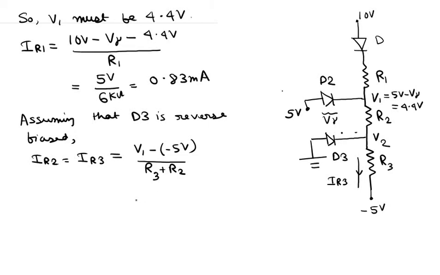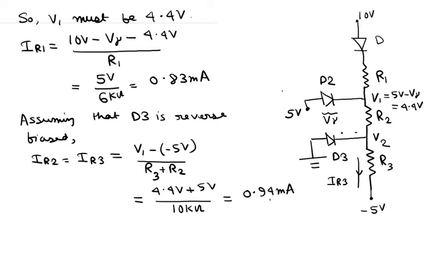V1 is actually 4.4 volts, which we have seen earlier, plus 5 volts, and R3 and R2 both are 5 kilo ohms, so this becomes 10 kilo ohms over here, so this gives me 0.94 milliamps.